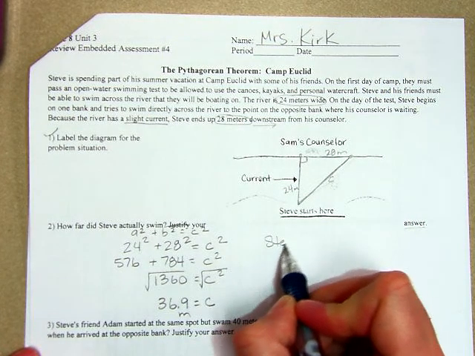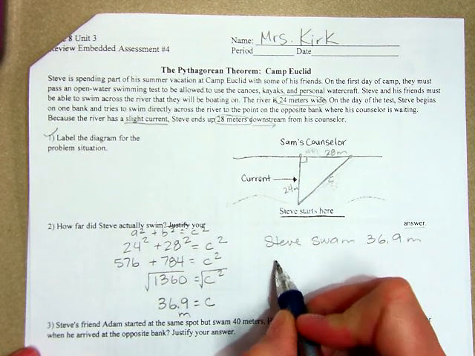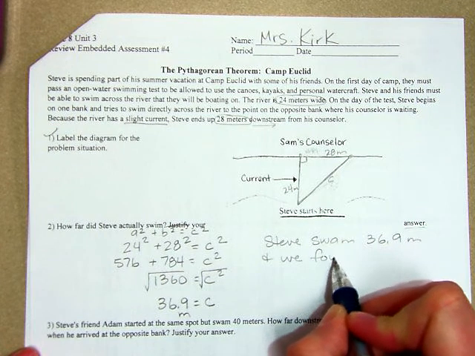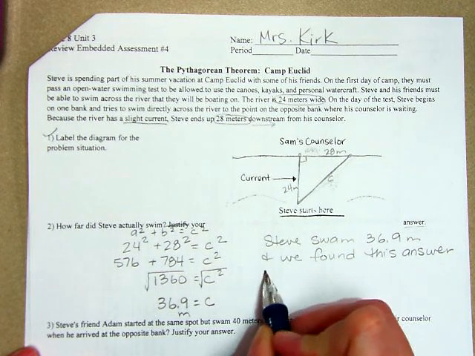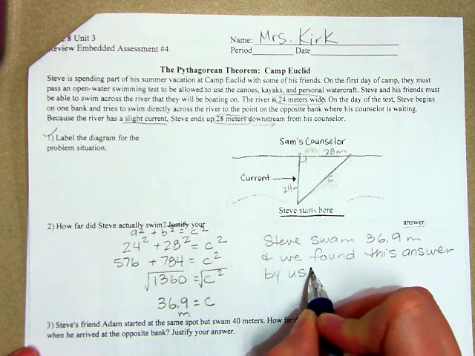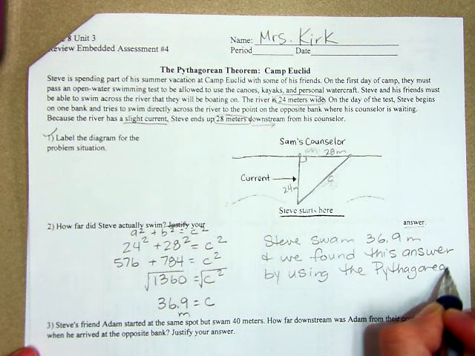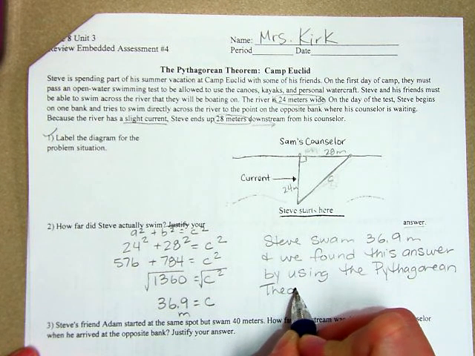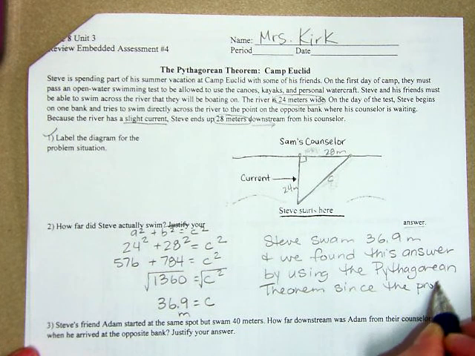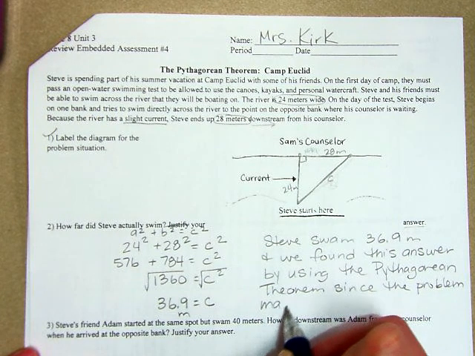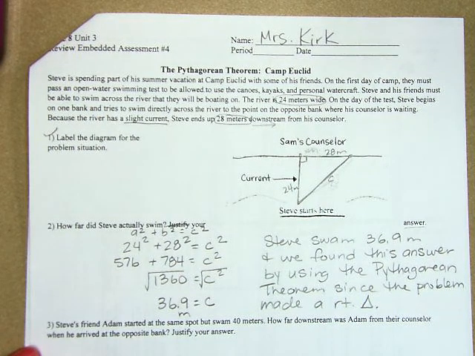So Steve swam 36.9 meters, and we found this answer by using the Pythagorean theorem, since the problem made a right triangle. Okay, so there's my justification.